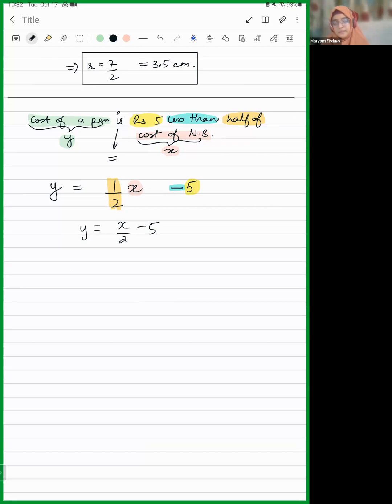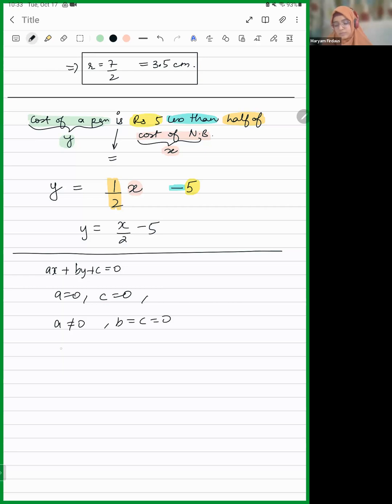The next question: a linear equation in two variables is in the form ax plus by plus c is equal to 0, where the options are: a, a is equal to 0, c is equal to 0; b, a is not equal to 0, b is equal to 0; c, a is equal to 0, b is not equal to 0; d, a is not equal to 0, b is also not equal to 0.